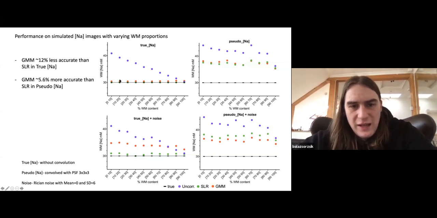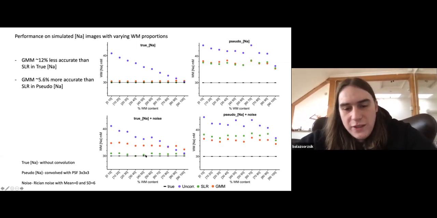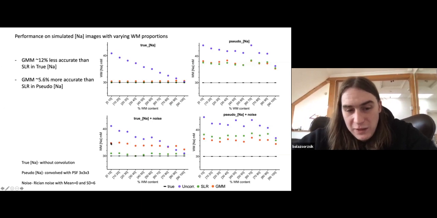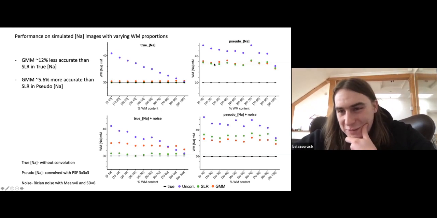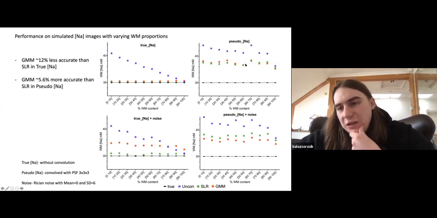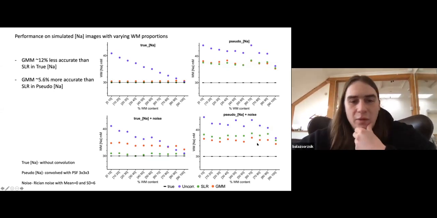And again, we see that the SLR gets the ground truth really well in the unconvolved images, while GMM gets it right without noise, but then the noise brings in a bit of errors, let's put it that way. However, when we look at the pseudo images, so the convolved images, the GMM either performs the same as SLR or outperforms it.